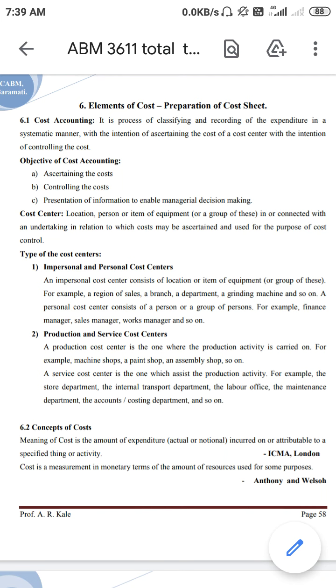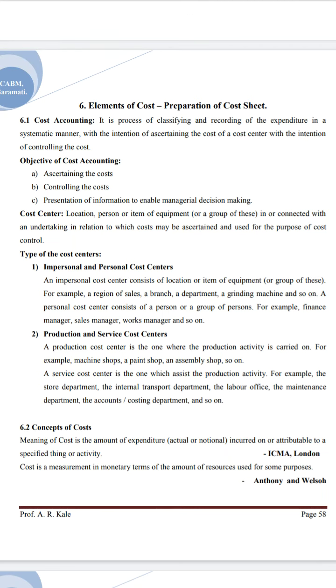So cost accounting means whatever expenditures have occurred in the organization are classified and recorded in a systematic manner in cost accounting. The intention is controlling the cost of various costs.